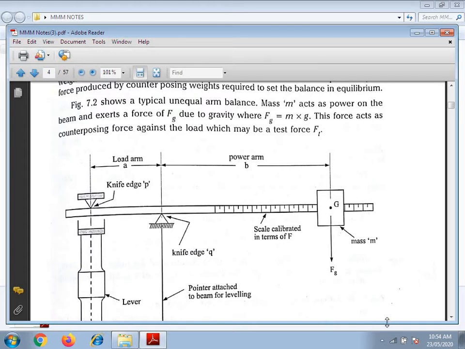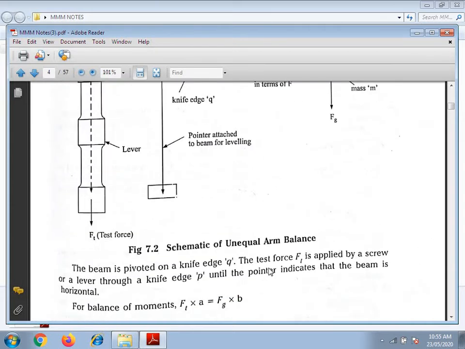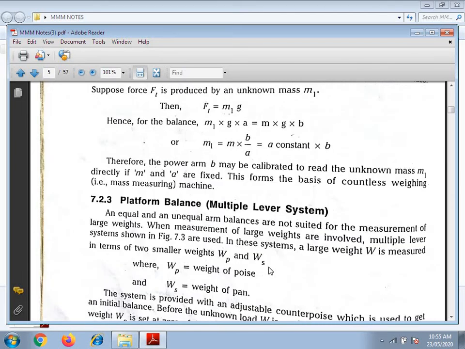Okay, and this type of unequal arm balance is more in use and more applicable. So just you see next the platform balance. You can see the platform balance.